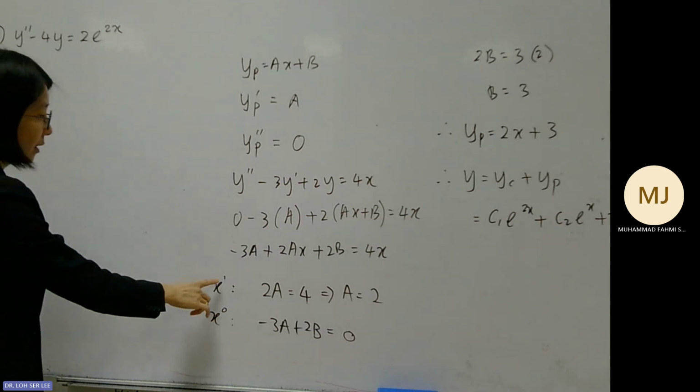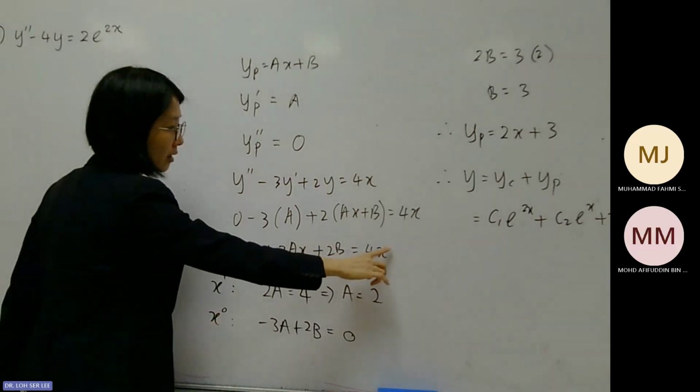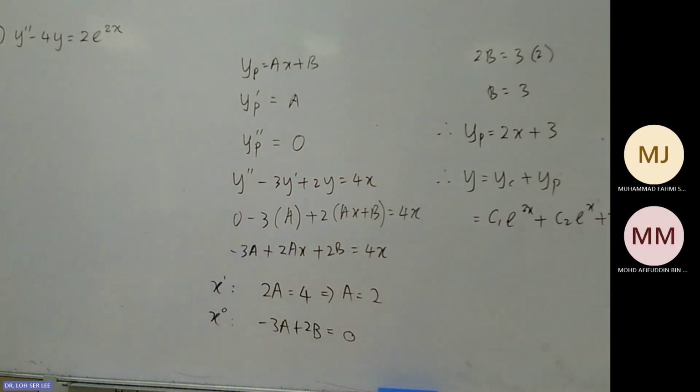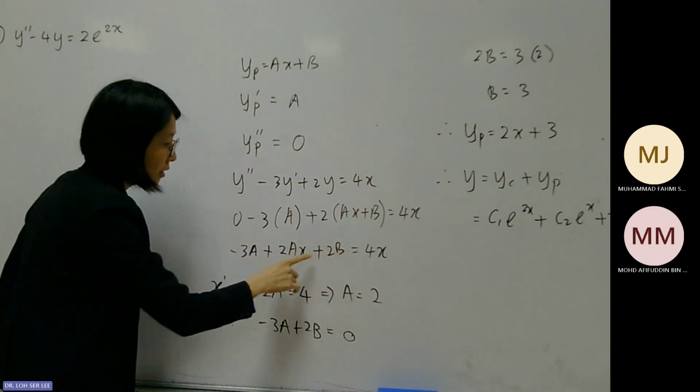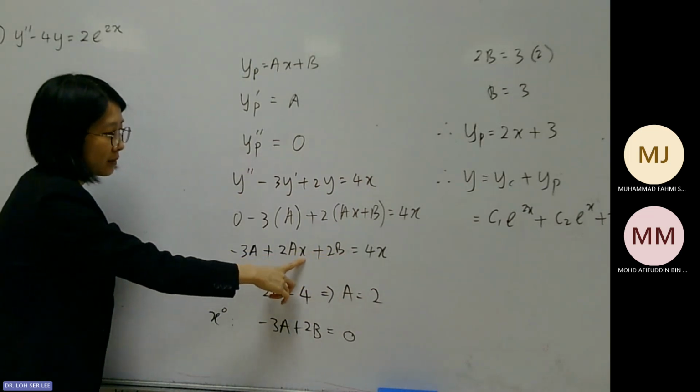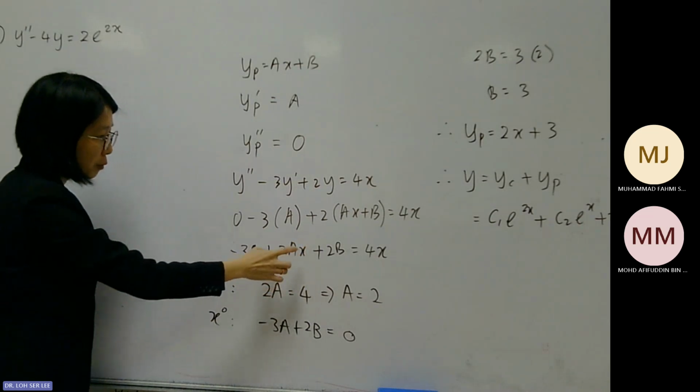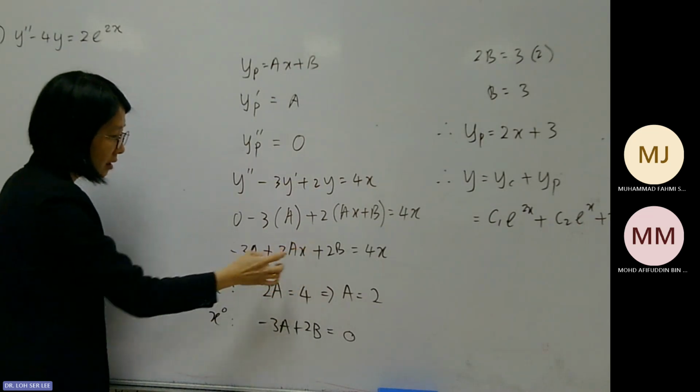This is x power of 1, because we want to get the values of this a and b, right? So this a is with x. That's why we will take the coefficient function of x power of 1.